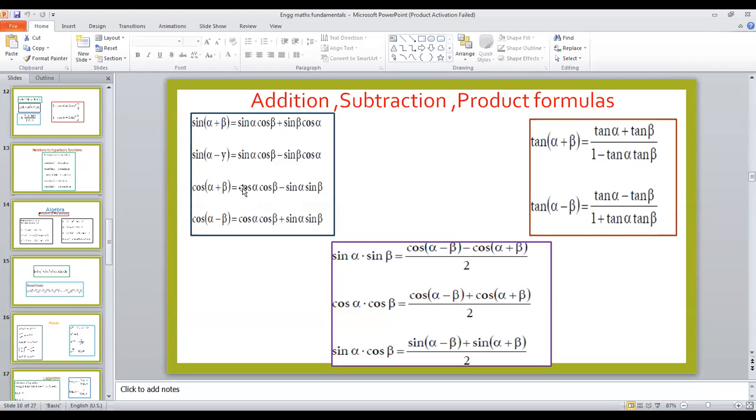Now when you add the last two formulas, the minus and plus terms will cancel because they are the same but with opposite sign.